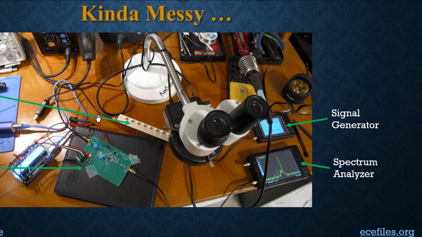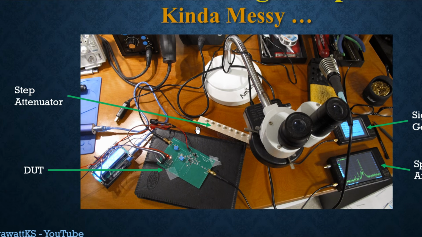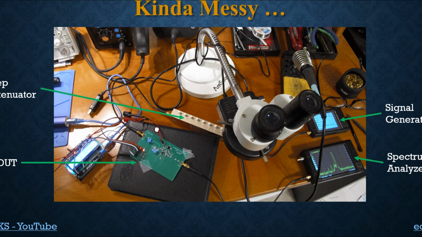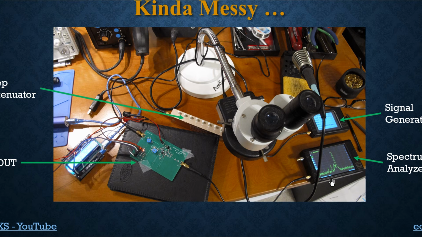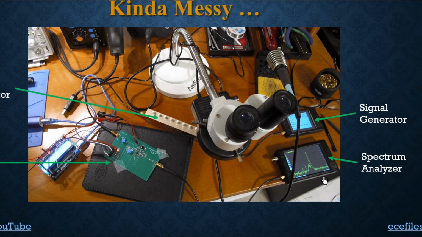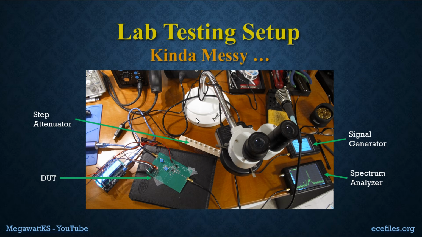It goes into this step attenuator, and then that goes over to the input of the Q enhanced LNA, whose output is then fed to the spectrum analyzer, which is a tiny SA Ultra. So yeah, this is kind of messy. Sorry about all the background clutter, but hey, I wanted it to look like a real environment, and this is the way I actually do it.